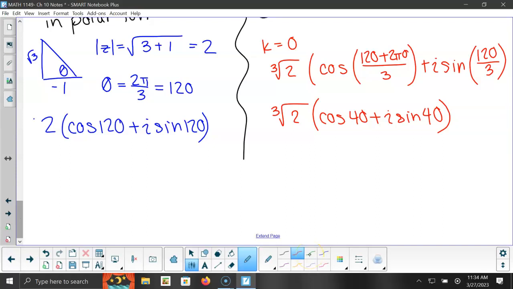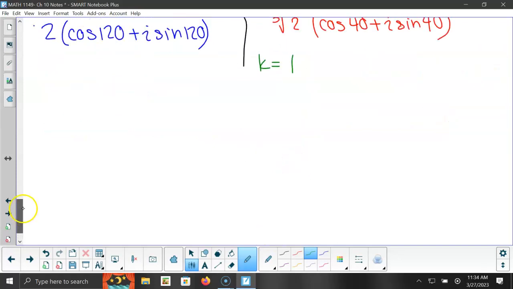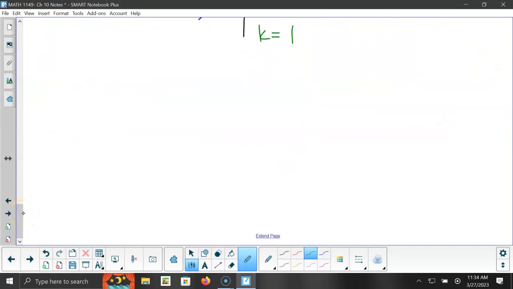All right, which one do I need to do next? 1. So we'll go green. k equals 1. So does my radius change? Nope. So it's cube root of 2 cosine 120 plus, now notice they write it as 2 pi k and that's in radians. What's another way of writing that? Yeah, 360 times 1.